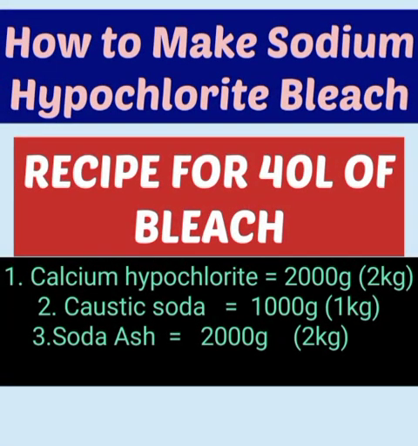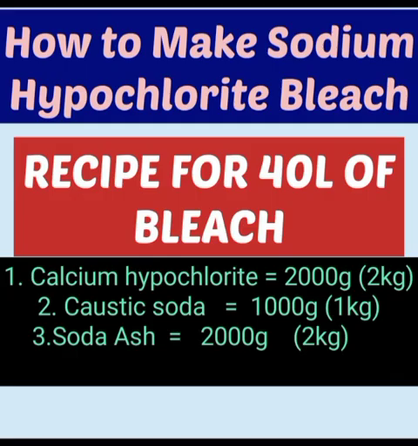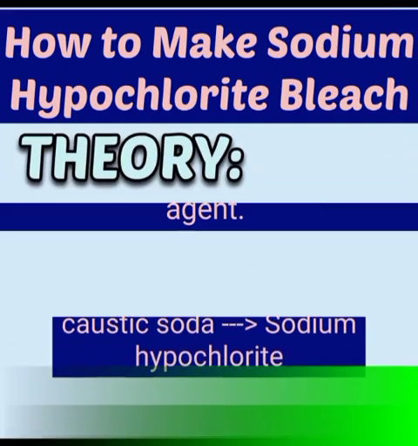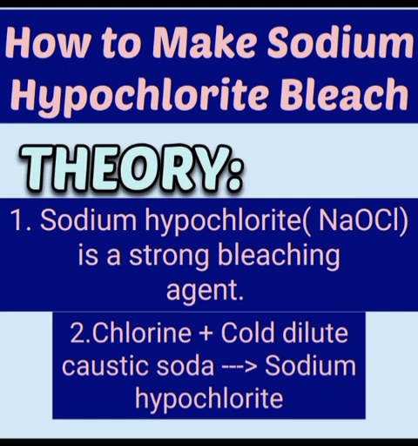Right from our theory, we have learned that sodium hypochlorite, which has the formula NaOCl, is a strong bleaching agent. We've also learned that when chlorine reacts with cold dilute sodium hydroxide, which is also called caustic soda, it yields bleach, which is sodium hypochlorite.